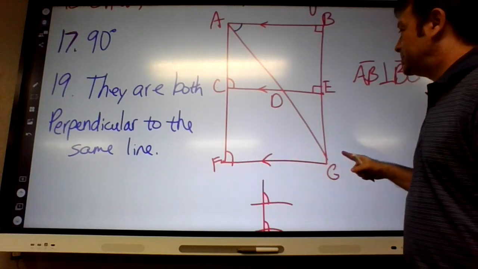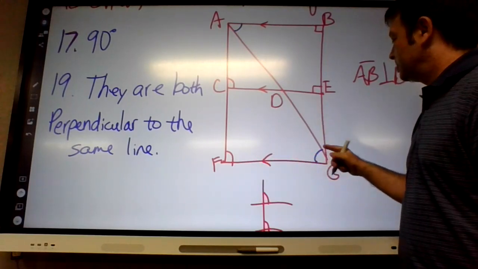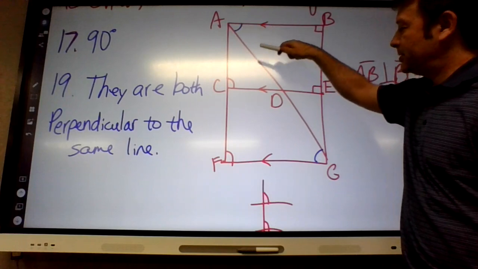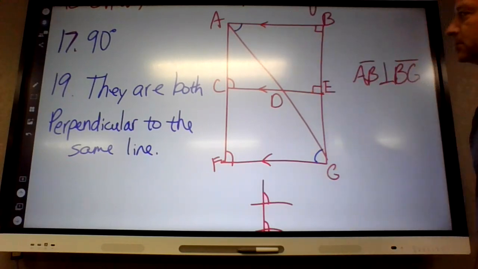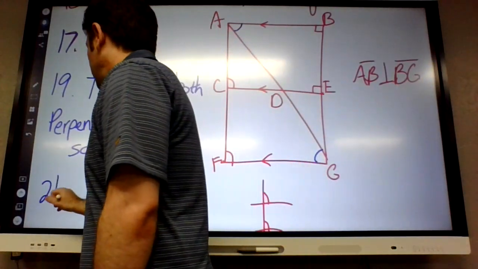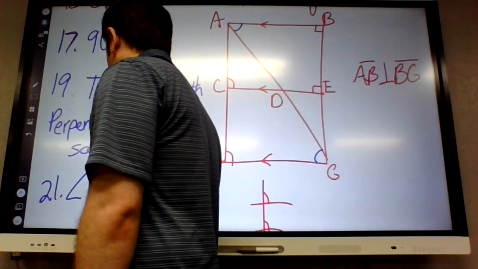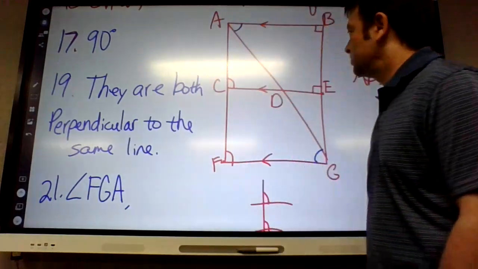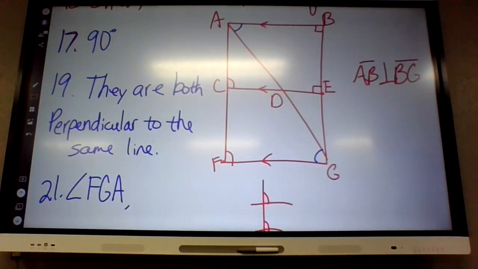Okay, FGA, because those are alternate interior angles between parallel lines. Let me write that down. Angle FGA. Somebody besides your own, another one.